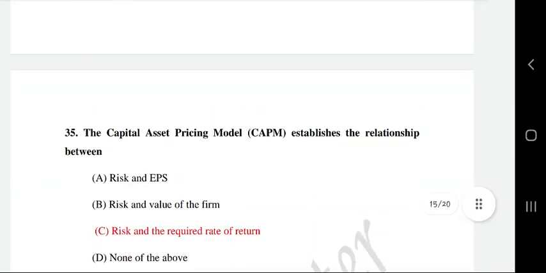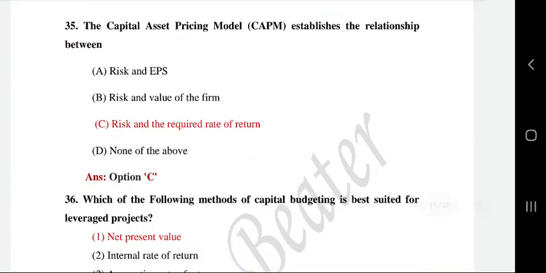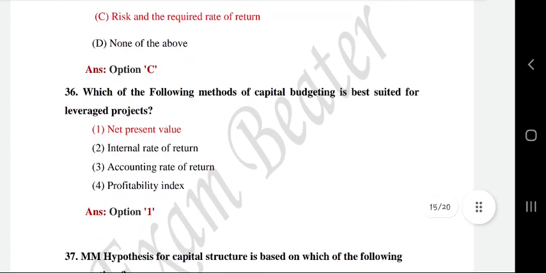Okay, then question number 35. The capital asset pricing model, CAPM, establishes the relation between risk and required rate of return. Question 36: which of the following methods of capital budgeting is best suited for leveraged projects?